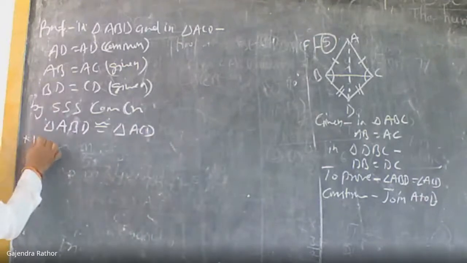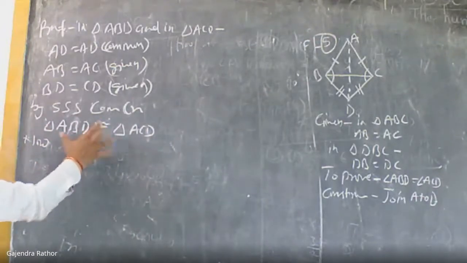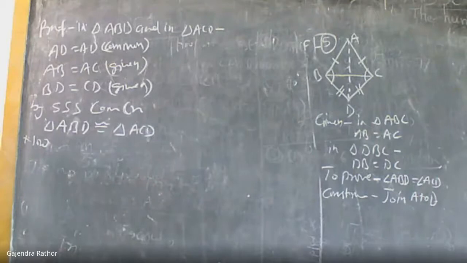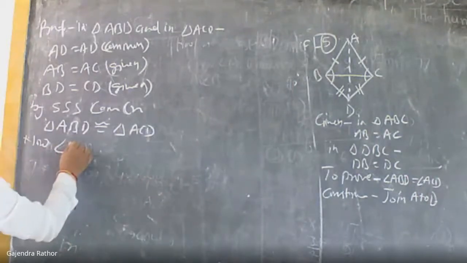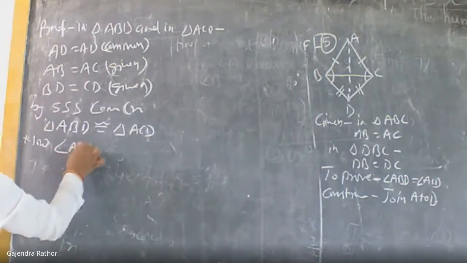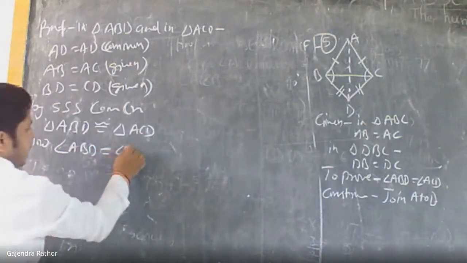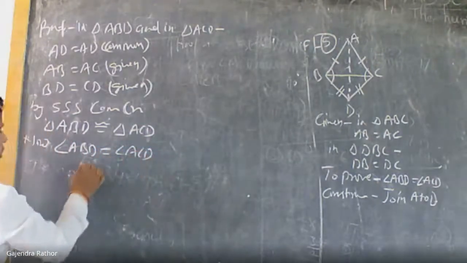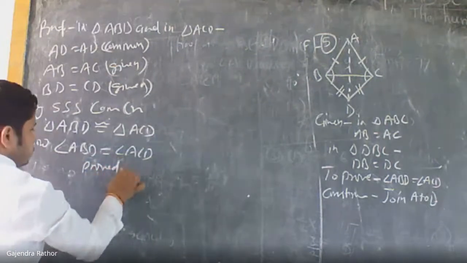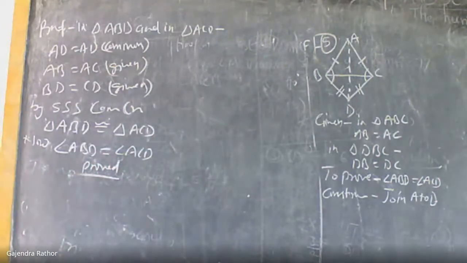Now if triangles are equal, then we know that their corresponding parts will also be equal. So angle ABD is equal to angle ACD. Proved. So this question is completed.